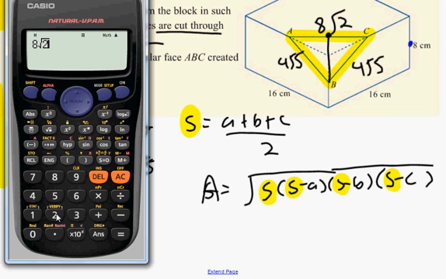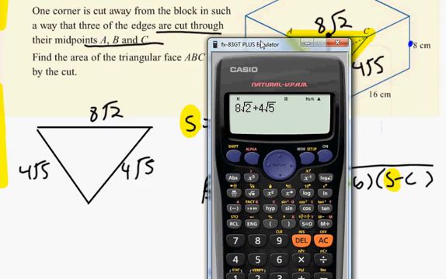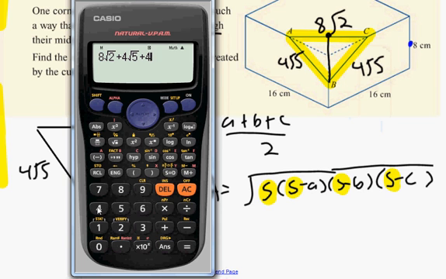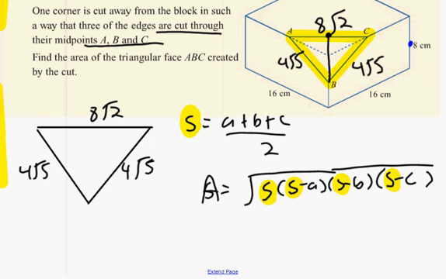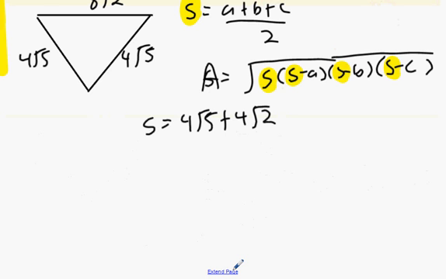8 root 2 plus 4 root 5, this 4 root 5, isn't it? Plus another 4 root 5, divided by 2. S equals 4 root 5 and 4 root 2. Go with that. Now, what's S minus A? S take away A, anybody lads?